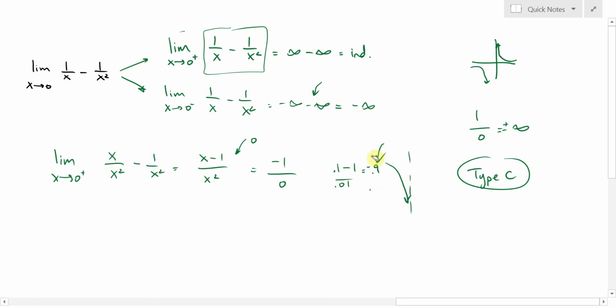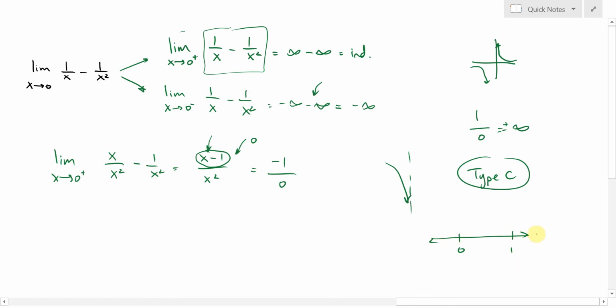So I guess the moral of the story, now that I gave you that specific example, here's the way you should really think about it. As we approach 0, coming in from the right, x minus 1 is a negative number. Because eventually, as we allow x to approach 0, let me actually draw it out. There's 0, there's 1.